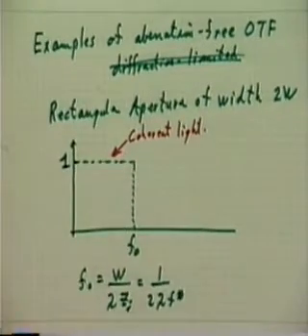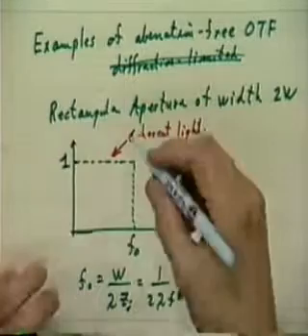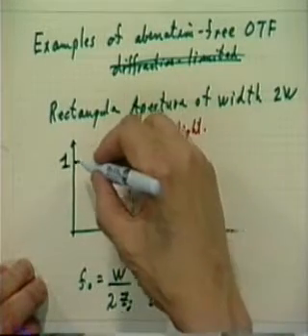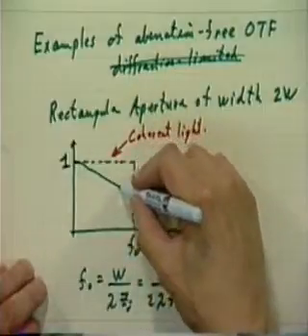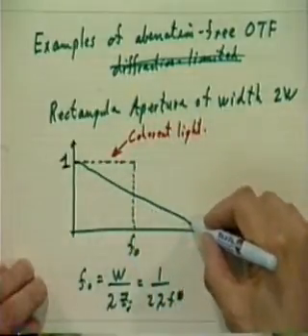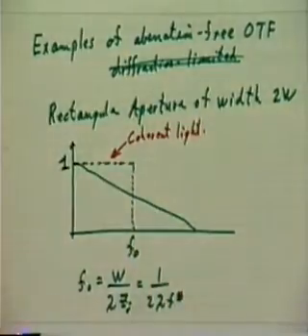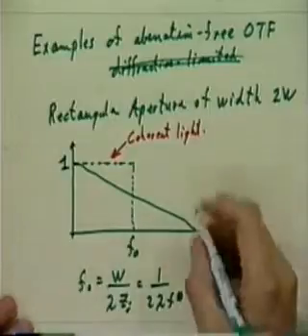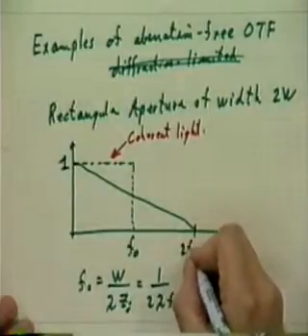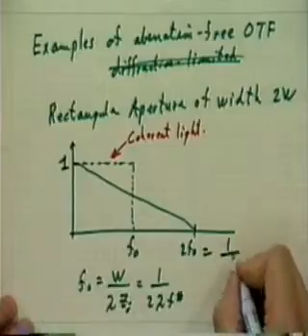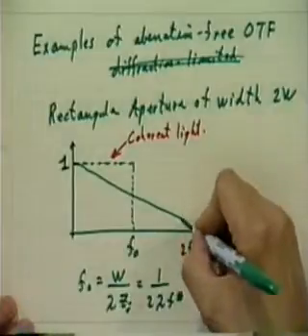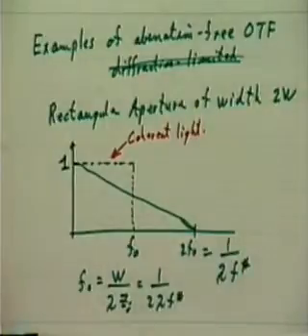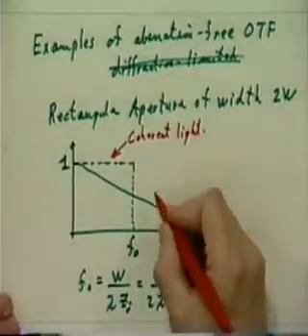Okay, and it's going to go out here to twice the cutoff of the coherent case. So this would be 2 f naught, or 1 over lambda f number. And that's supposed to be a straight line.